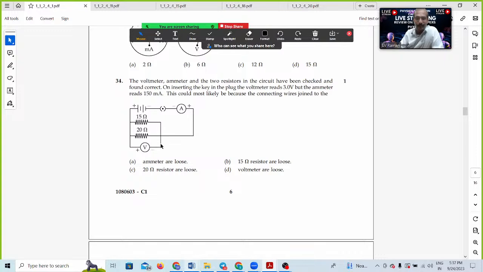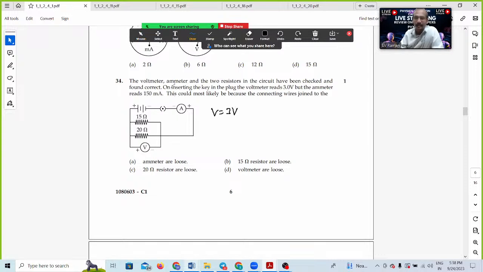The voltmeter is connected in parallel, then the battery is connected and the switch closed, with the ammeter connected. Now 20 ohms and 15 ohms are in parallel. The voltmeter reading is 3 volt.